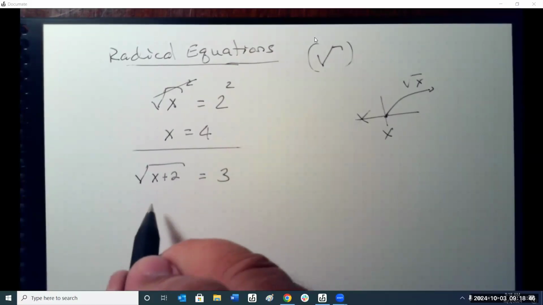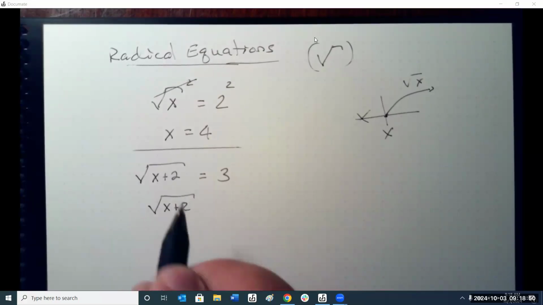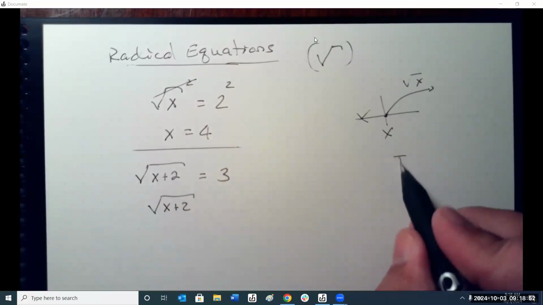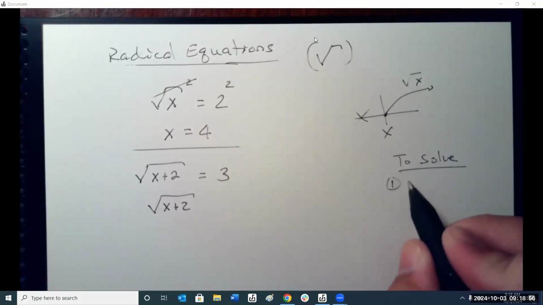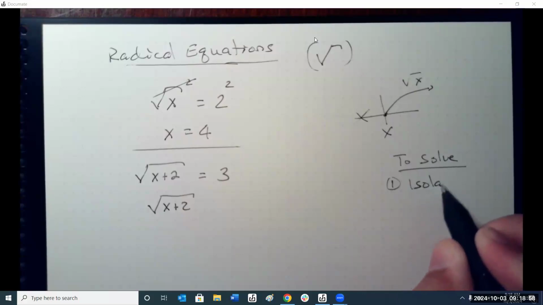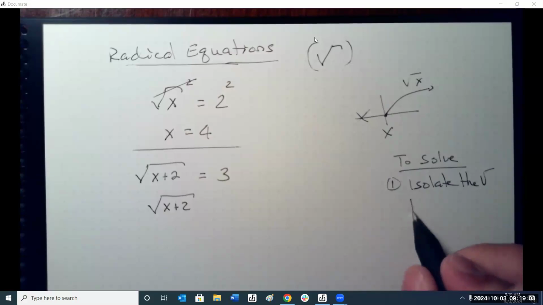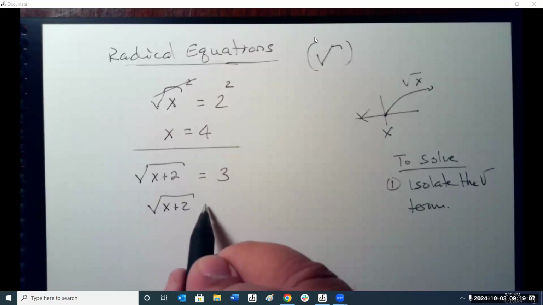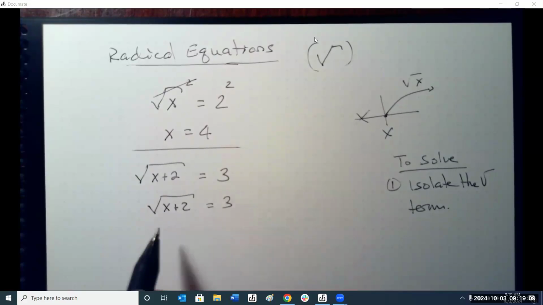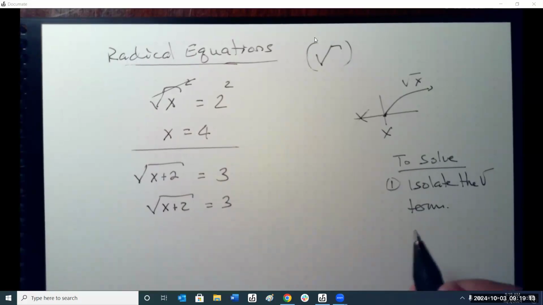So to solve this, I isolate the radical term. Notice there's nothing in front of it, nothing behind it. It's just a radical term on this side and everything else on the other side.